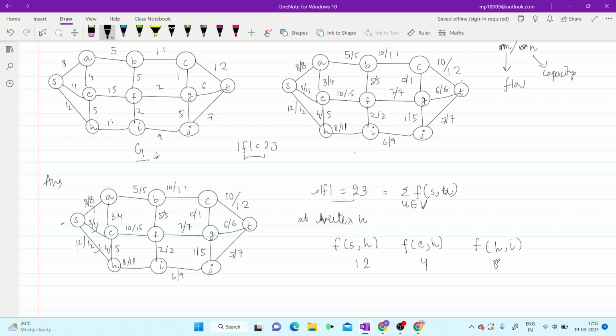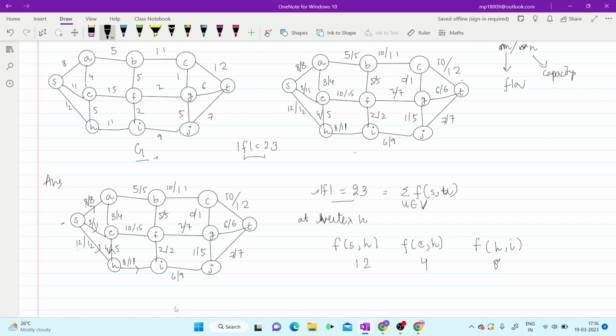What do you think should be the directions for these edges? H to E and H to I, because a flow of 12 is coming into H. As per the conservation law, there should be a flow of 12 going out of H. So the direction should be H to E and H to I.